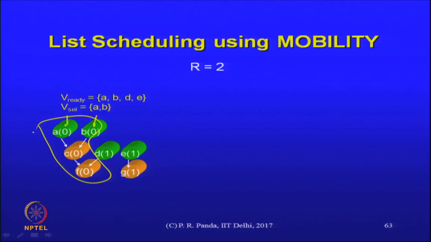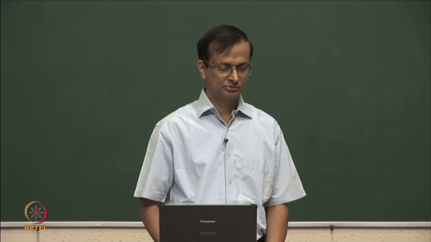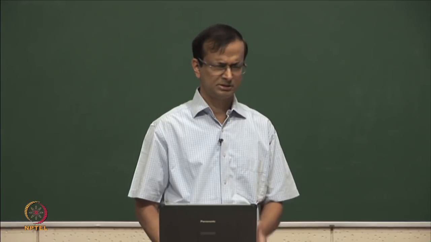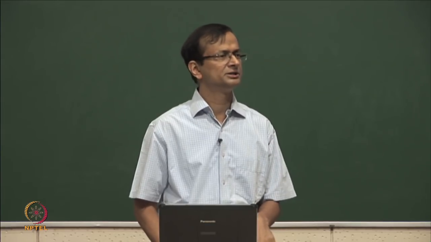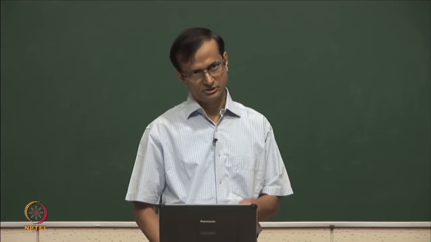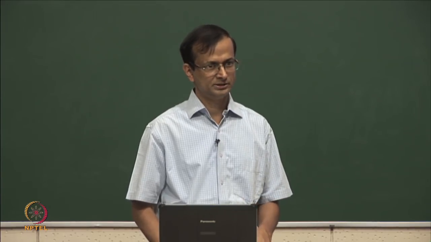But even though there is no deadline that is specified for the problem, remember this is a resource constrained scheduling problem, means that the resources are specified, deadline is not specified. The objective is to just arrive at the schedule that minimizes the length of the schedule. Still, we could use the deadline to compute an ALAP schedule in that obvious way. You just determine how many cycles the ASAP schedule took, and you give the same as the input to the ALAP.